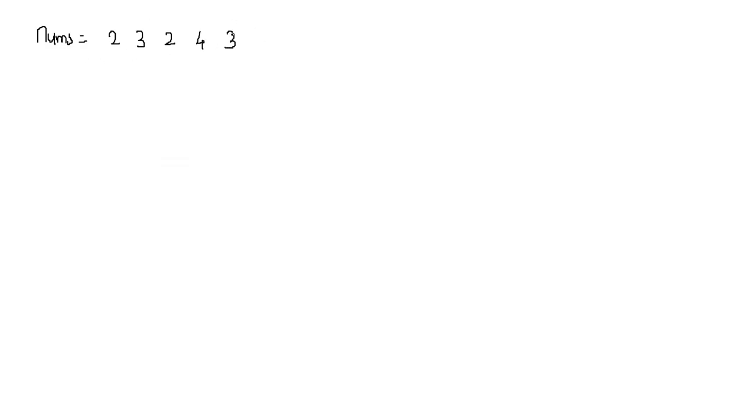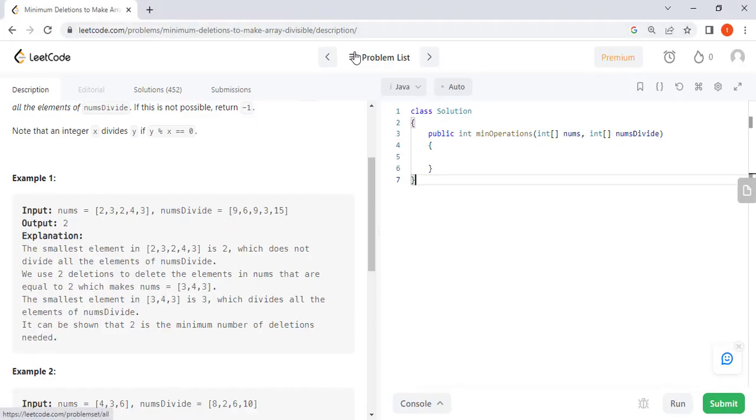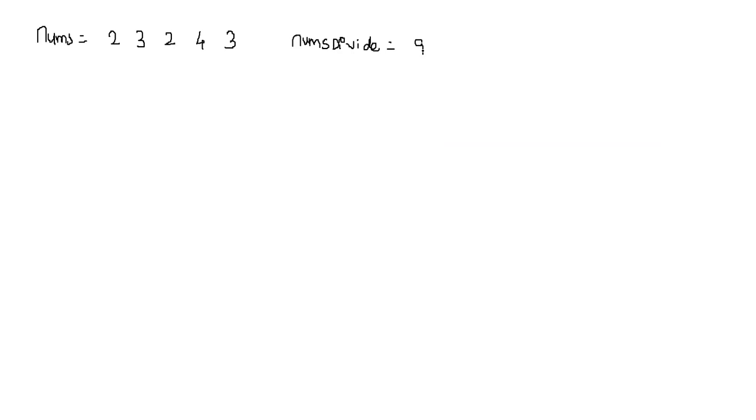So from this I have to find what is the smallest element that divides all the elements which are present in the array called numsDivide. Okay, so what we have to do is we have to find the GCD of all these elements. That is the first step.